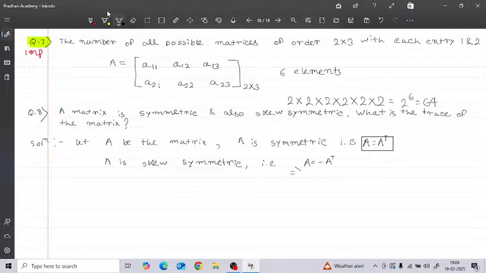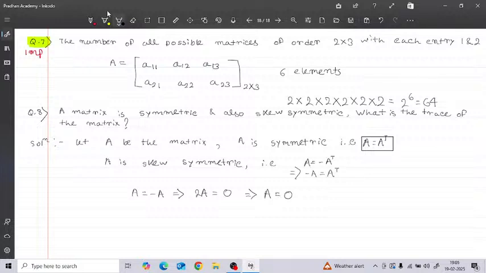It can also be written as minus A equals A transpose. So A transpose is equal to A and also to minus A. So A equals minus A. From this I get 2A equals 0. It means A equals 0. It is not the number 0, it is the null matrix. It means that all of the elements of A are 0.